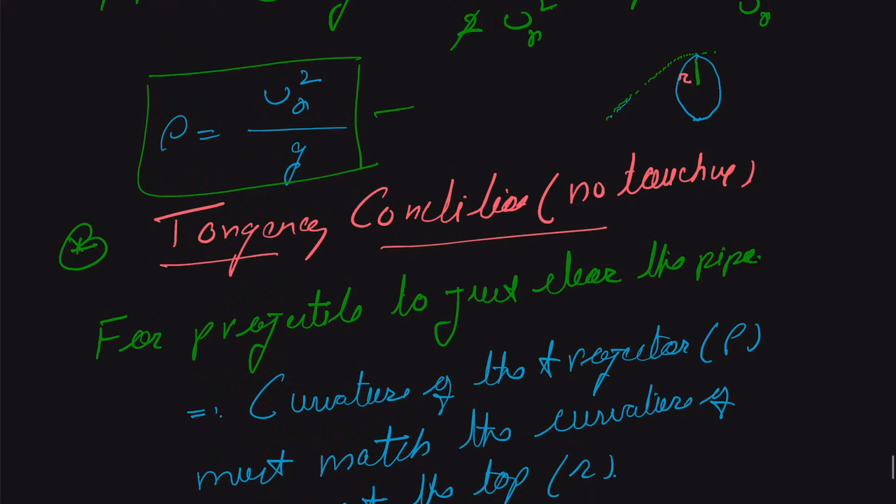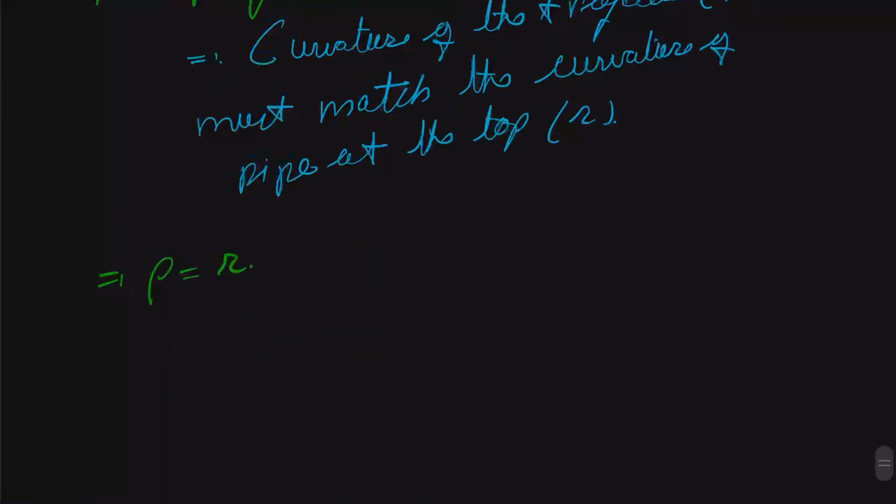Let us call this equation number 4. From equation 4, we get r is equal to Vx square upon g, or we can say that Vx square is equal to g times r.